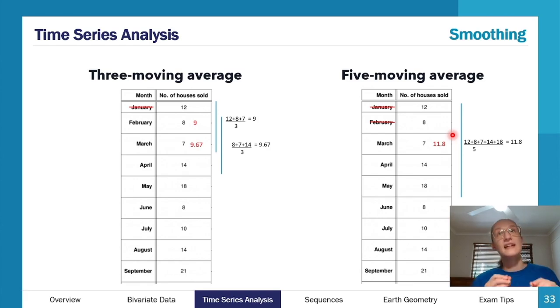And then the idea of centering is how we get it back to the center. To get the 2 mean smooth centered point for February, I'm going to average this halfway in between value with this halfway in between value. So I'm going to average 10 and 7.5, and that answer is going to be our 2 mean smoothed value with centering.